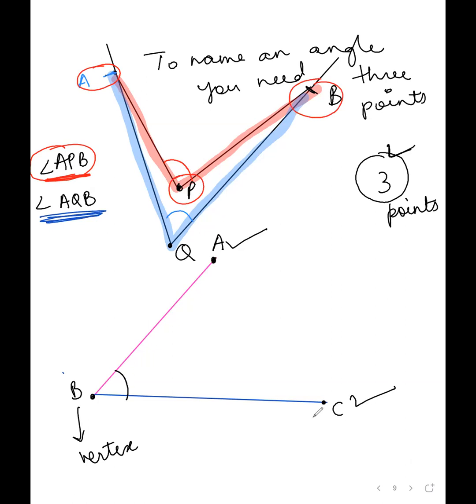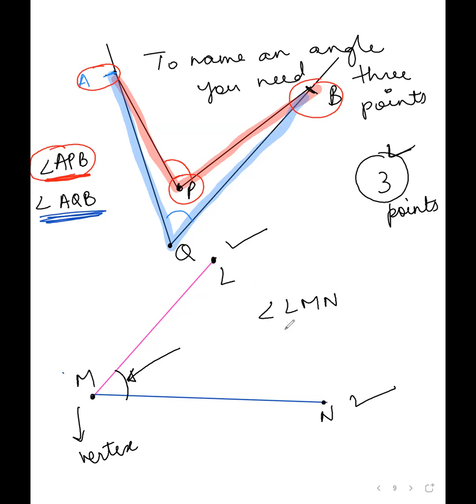Similarly, to avoid any confusion, I will change the names of these points. Let's call this L, this is M, this is N. How will you name this particular angle over here? Angle LMN. Very good.